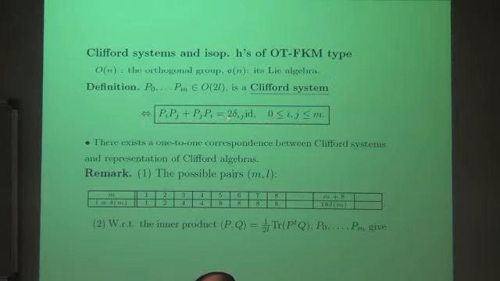And here, if we put a minus sign, this is called a Clifford algebra. However, we consider the plus sign, and this case is called a Clifford system. But it is very easy to show that a Clifford system corresponds in a one-to-one way to a representation of a Clifford algebra. Anyway, Clifford system means a representation of a Clifford algebra.